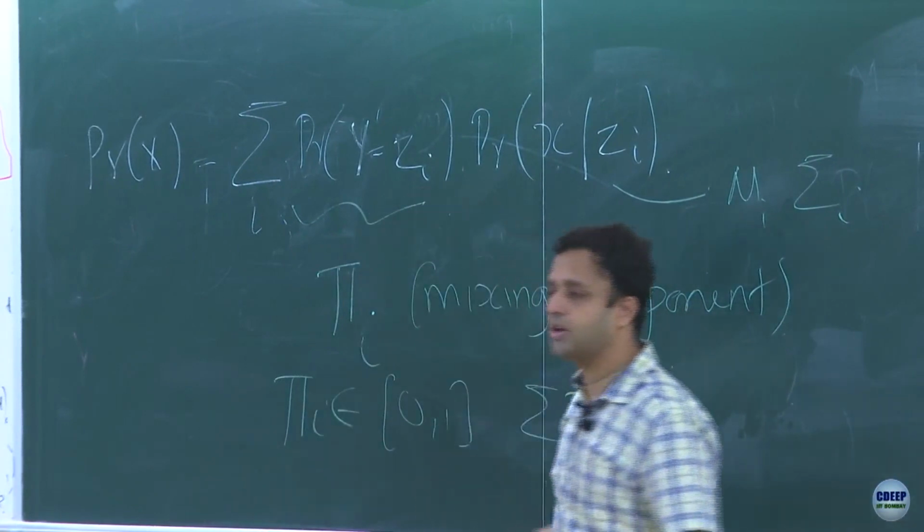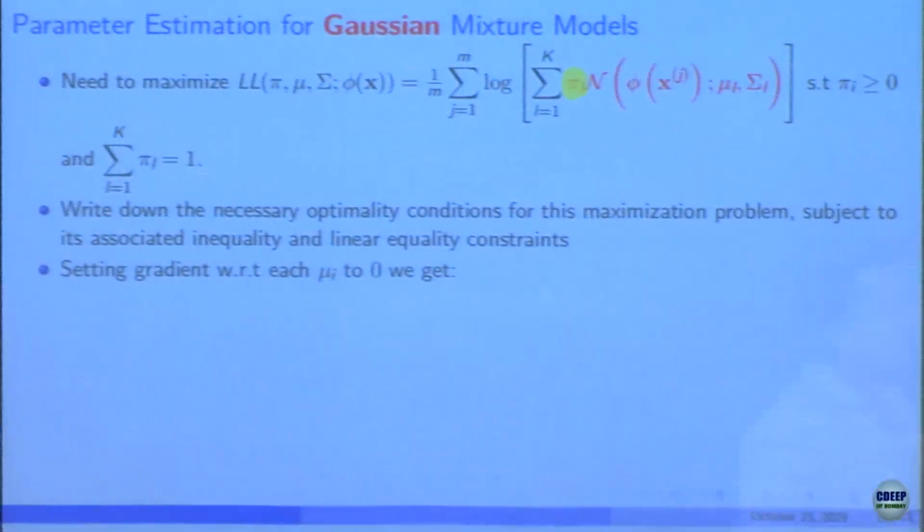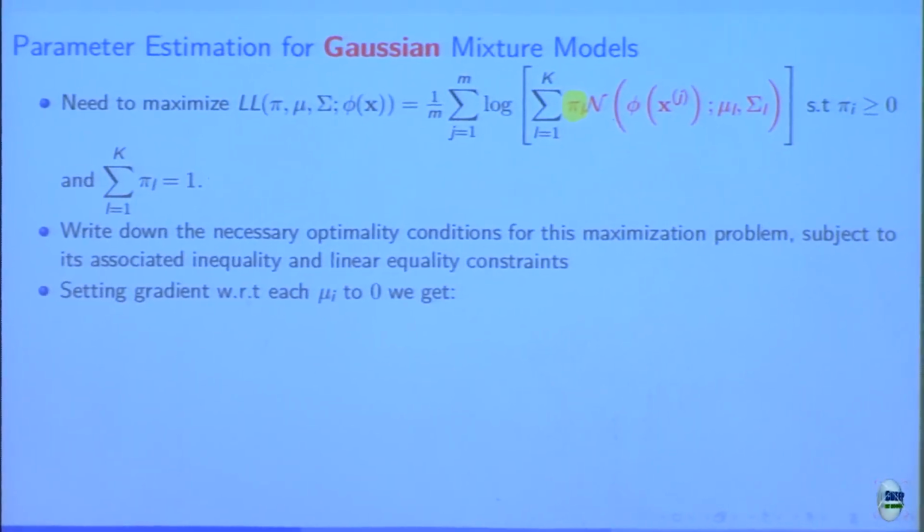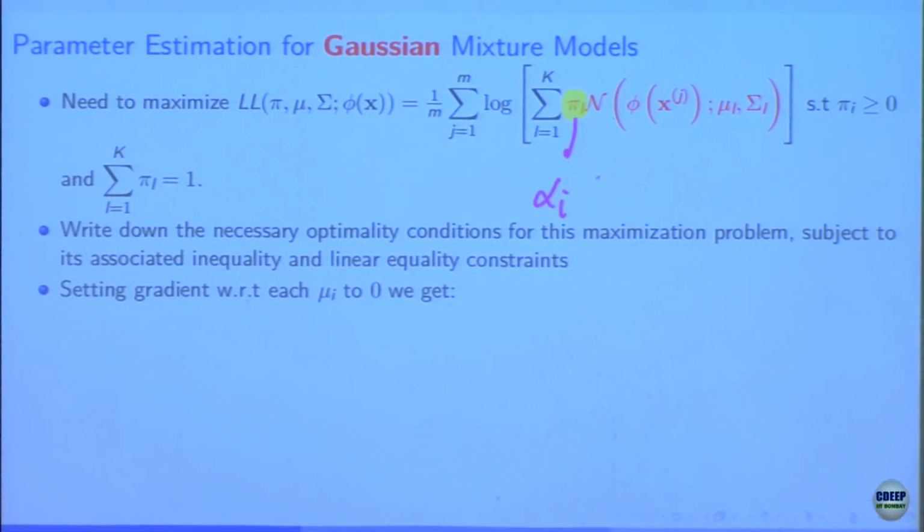This will sum to 1 across all classes. So this is like my alpha i, and the second component is like my t i's. Think of this whole thing as t i.